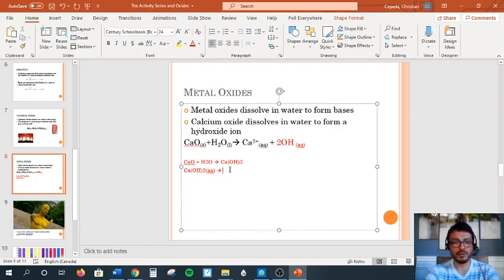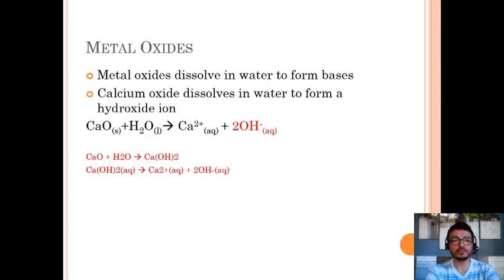So calcium 2 plus ions and 2 hydroxide negative aq ions. This is a two-step reaction, but essentially a metal oxide, calcium oxide, in water will create a base. Calcium hydroxide will dissociate, not dissolve, into calcium and hydroxide ions, making it a base.